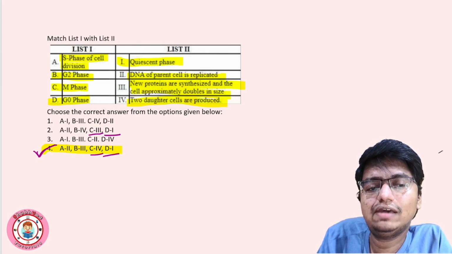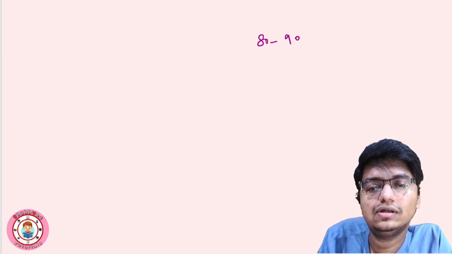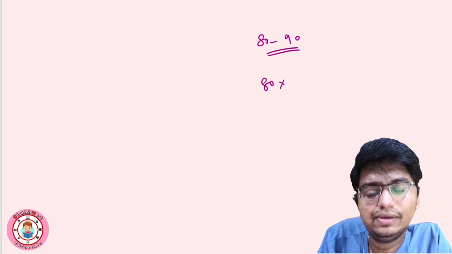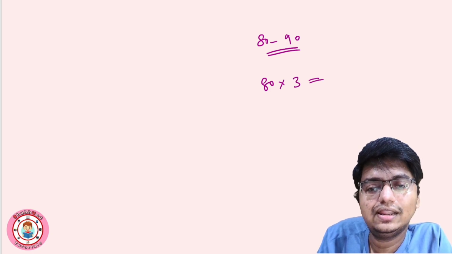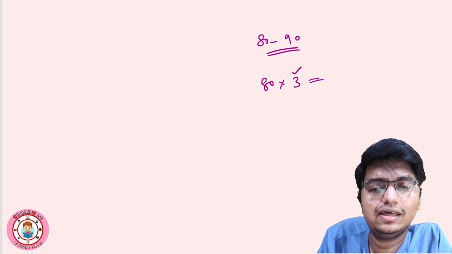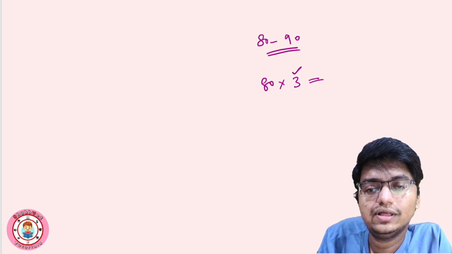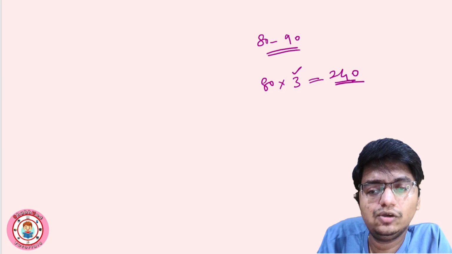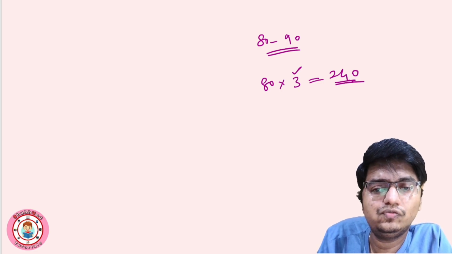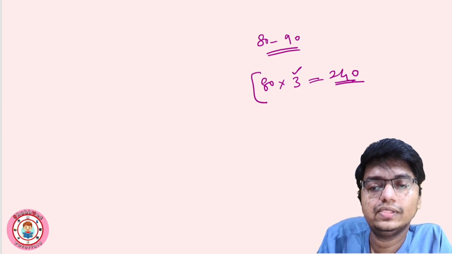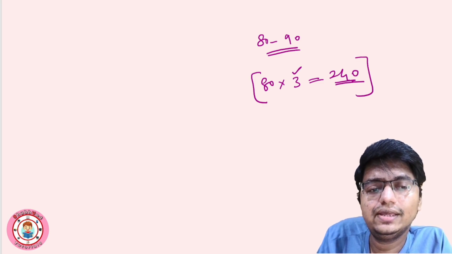And approximately we have solved 80 to 90 questions. If we do the analysis, if you attempt these, a question carries 3 marks. Okay, without negative marking you can score 240 marks, right? 240 marks you can score, from the ones we have done.